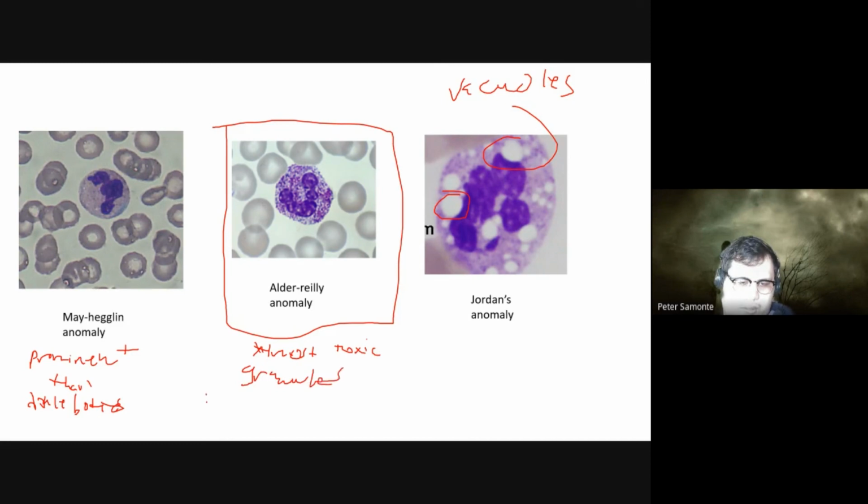Then they have large azurophilic granules. So yun yung mga granules ng class, very prominent. And your Jordan's anomaly has a presence of your vacuoles.